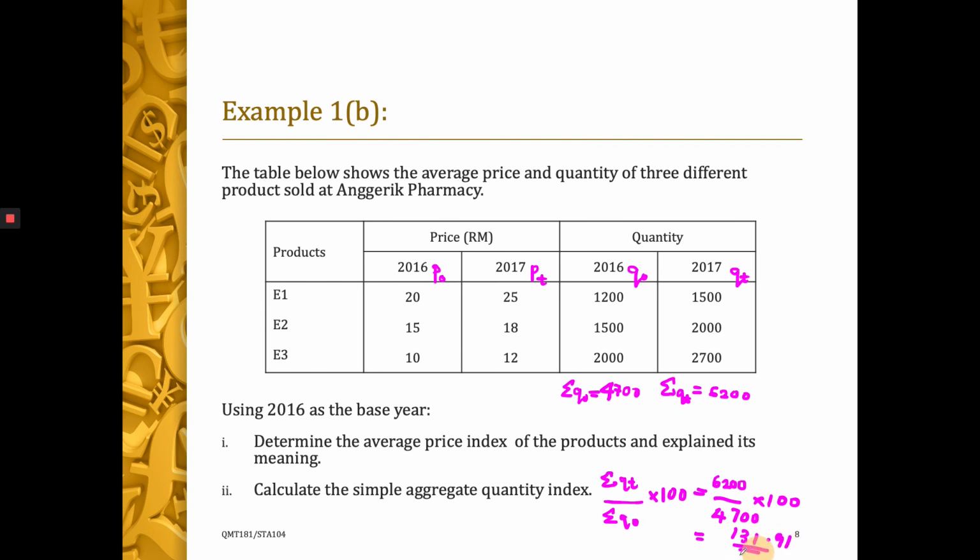If you see from this value, we can say that there is an increase in the quantity of items sold at Unweighted Pharmacy by 31.91%. So we move on to your tutorial to have a better understanding of this unweighted index number.